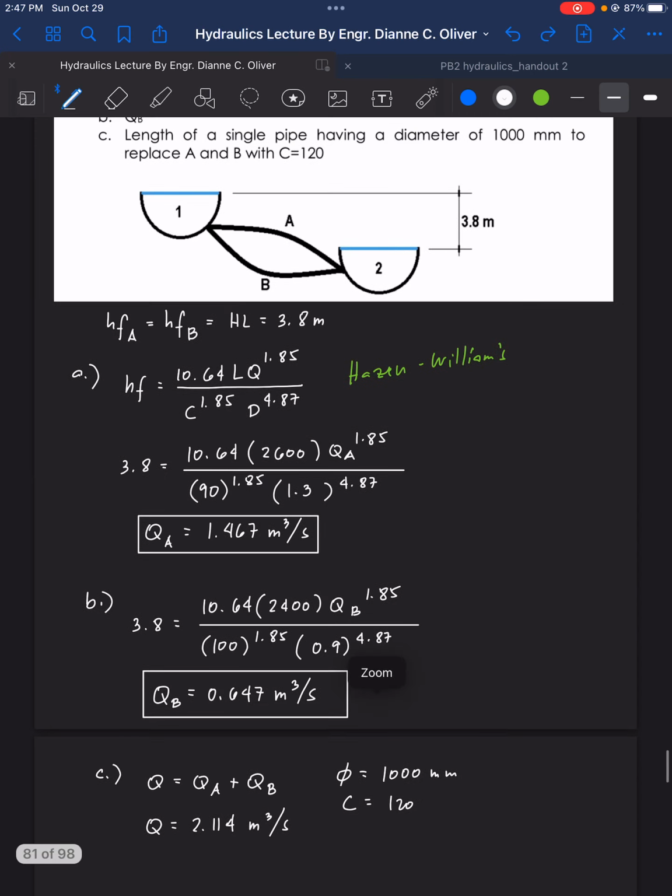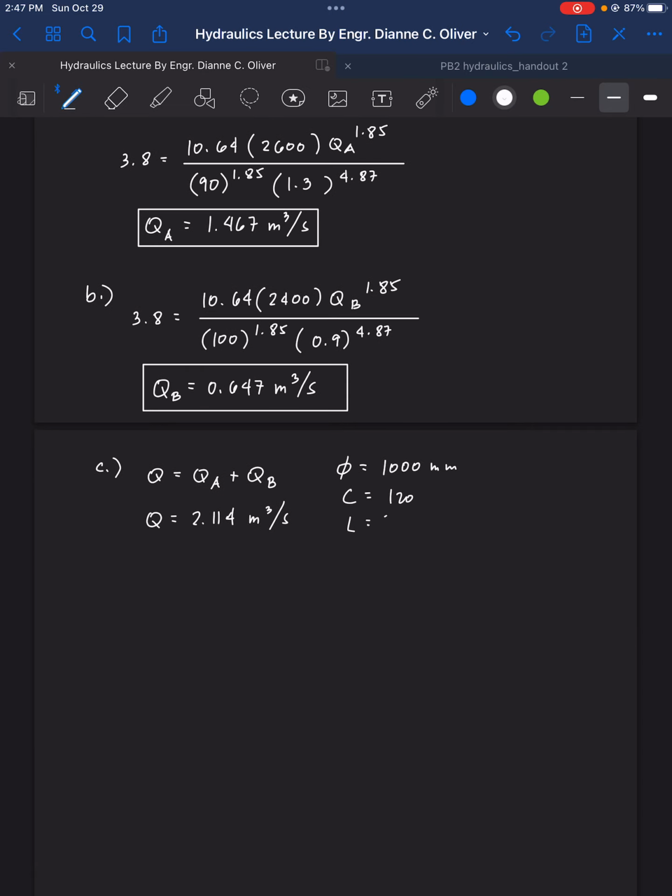So we're looking for the length of this equivalent pipe. The total head loss 3.8 equals 10.64 L equivalent, times our Q here, 2.114 raised to 1.85, all over C of 120 raised to 1.85 times the diameter of 1000 mm, that is 1 meter, raised to 4.87.